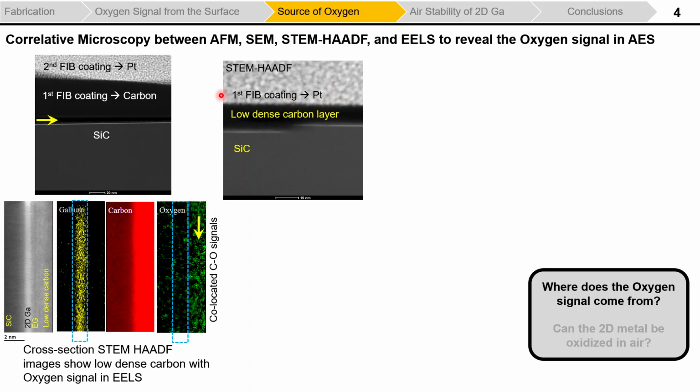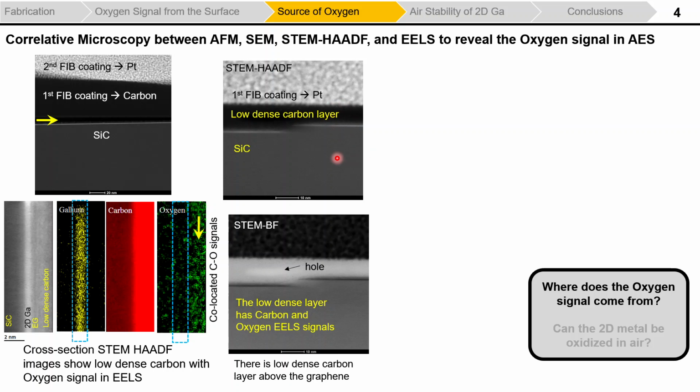And interestingly, we still see this low-density carbon layer on our surface, which means it's introduced on the sample before our FIB coating.